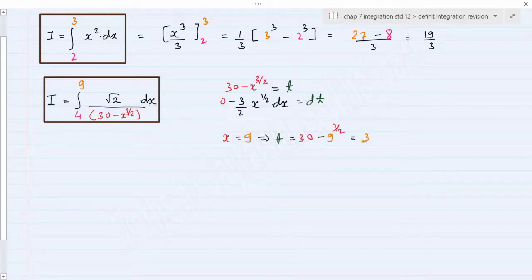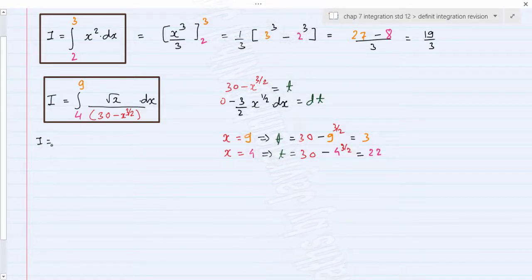It will be 3. Similarly, when x is equal to 4, then your t will be 30 minus 4 raised to 3 by 2, 22. Done.